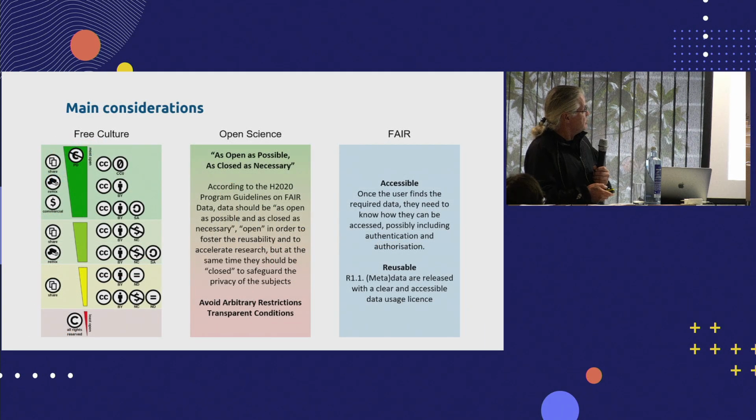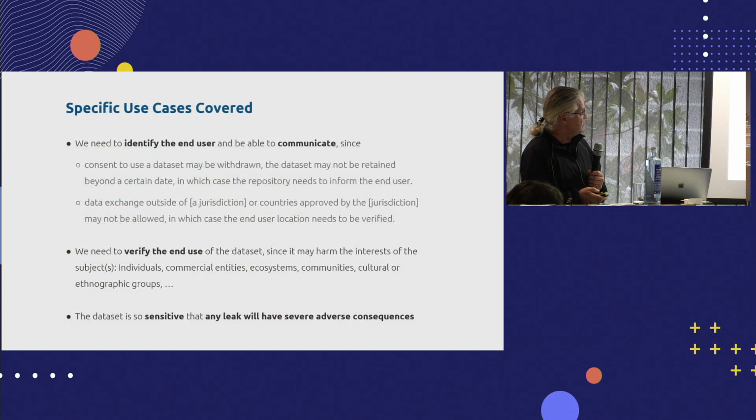Okay. So we've started looking at the requirements placed on us from Open Science and FAIR and compared that to free culture licenses and identified some use cases that we want to cover. They include being able to identify the end user for the purposes of communication, to verify the end use of the data set, so it may harm the interests of the subjects if it's not verified.